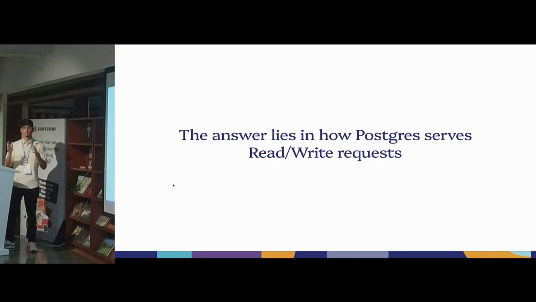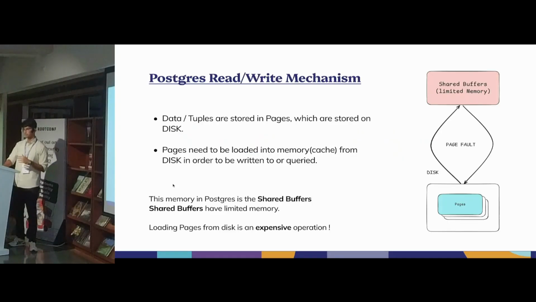The reason lies in how Postgres reads and writes data, or how it serves read and write requests, the architecture behind this. And for that, we have to understand how the read and write mechanism works in Postgres. Now, the thing to note is that all the tables, pages and tuples are stored on disk, right? And for Postgres to do any operation on them, the page first has to be loaded up in memory for a read or write request.